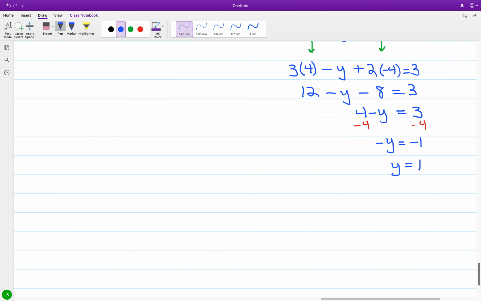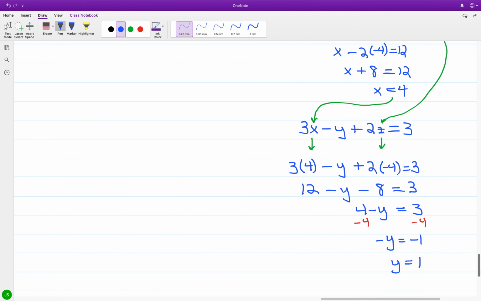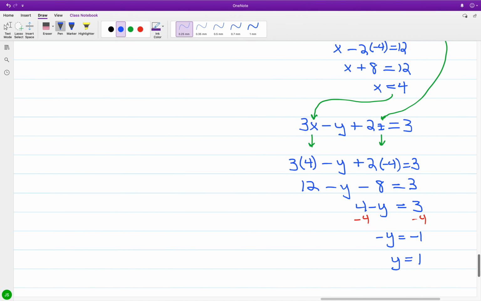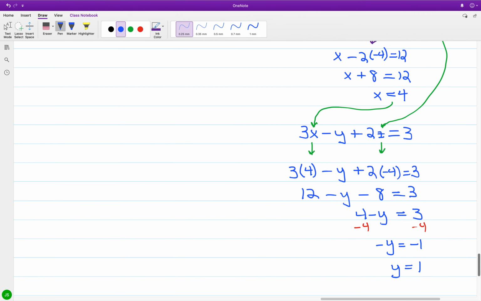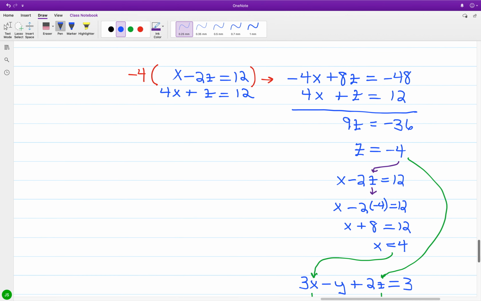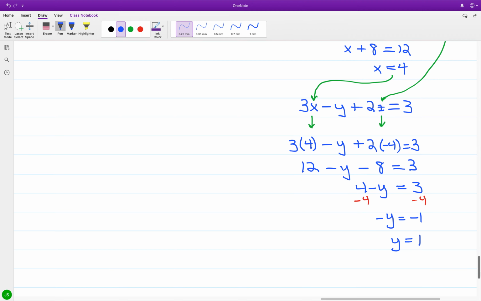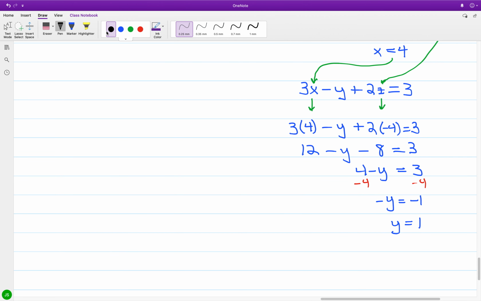So we have x at 4, y at 1, and z at negative 4. For the end result here, we have x equal to 4, y equal to 1, and z at negative 4, and that will be the solution set in this case.